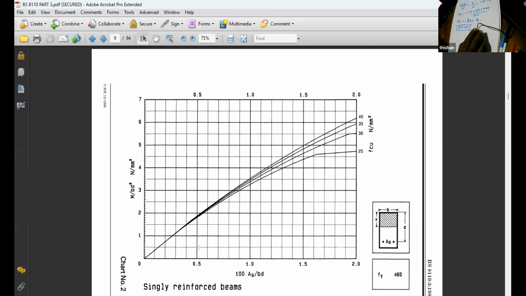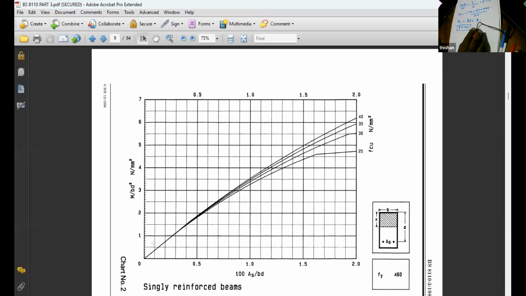But this is for 460 steel. For 500 steel, the chart goes a little above. These are almost a straight line. So M over b d squared of 3 gives 100 As over b d about 0.75. It's a little above, but for the Eurocode you get 0.75.